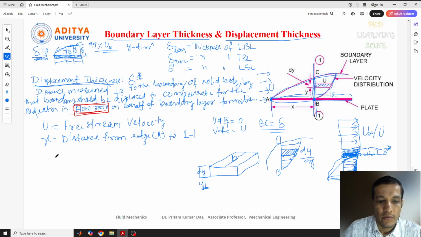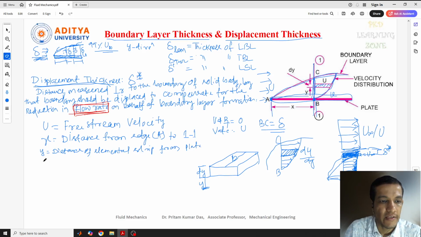A few things to consider: y is the distance of the elemental strip from the plate.